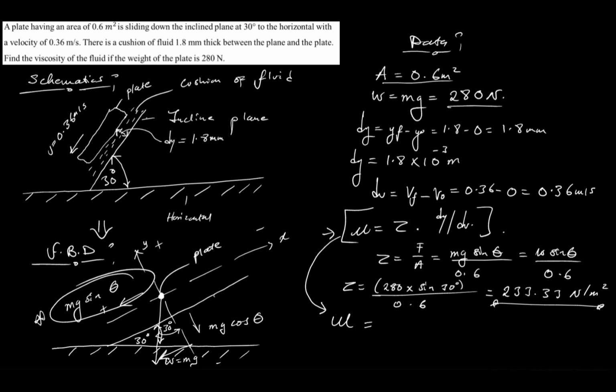Viscosity is equal to the shear stress that we've just calculated as 233.33 times dy, and our dy value is 1.8 times 10 to the minus 3 meters, divided by the velocity, which is du, about 0.36, and this gives us a value of 1.17, correct to decimal places, Newton second per meter squared.